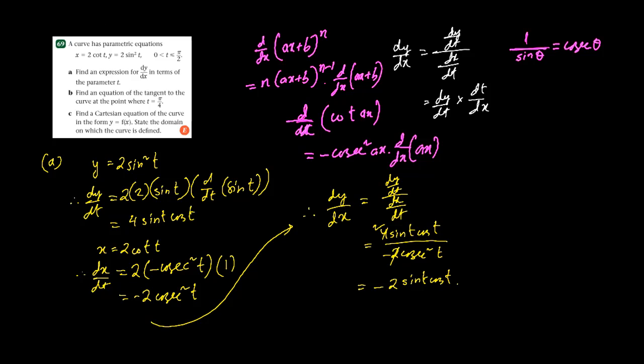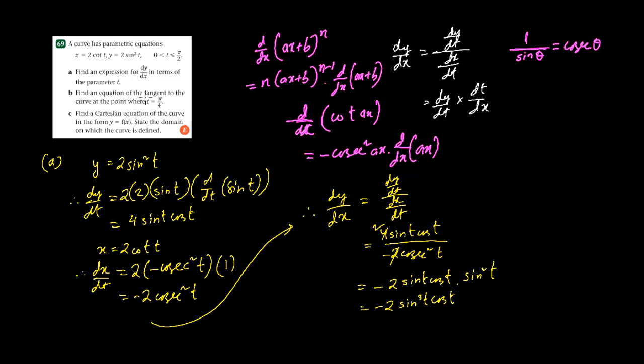By that rule, we can easily say that the cosec squared theta downstairs, meaning 1 by cosec squared theta, if you bring it upstairs, it would become sine squared theta. That means minus 2 sine t into sine squared t is sine cubed t. I am referring to theta as the angle here. That angle is t, and cos t. So the gradient of this is minus 2 sine cubed t cos t.